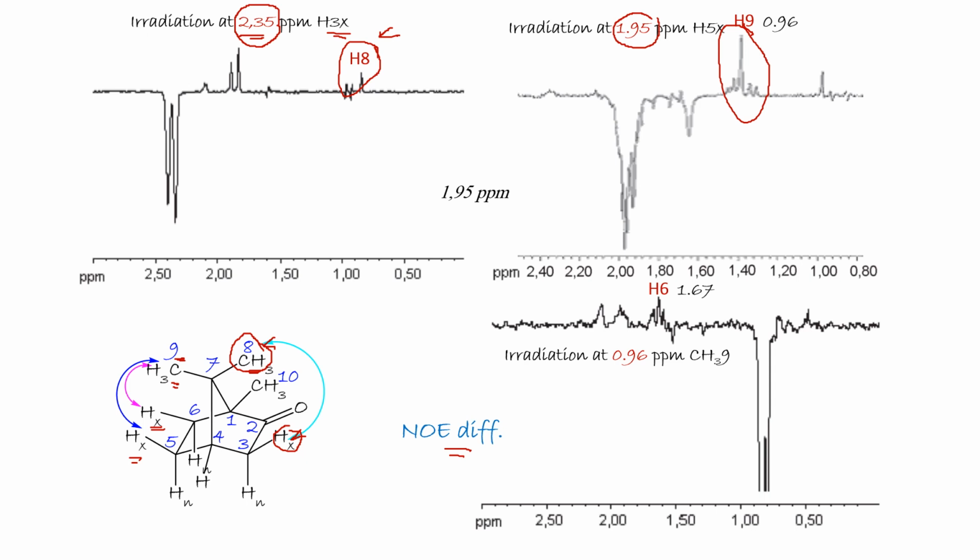So we irradiate at this position and we get H6X. So that's for sure. Now we know that this is H3 at position 9. The one left will be the methyl at position 10.